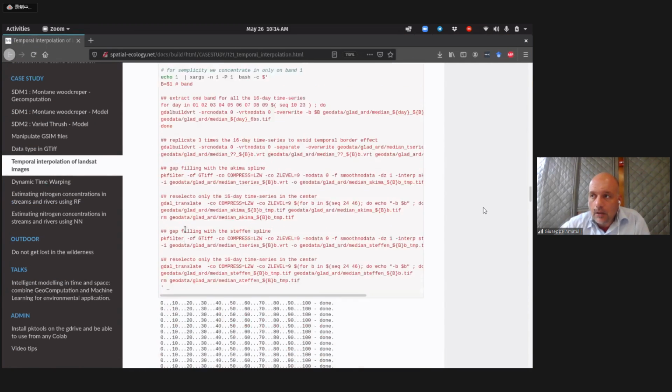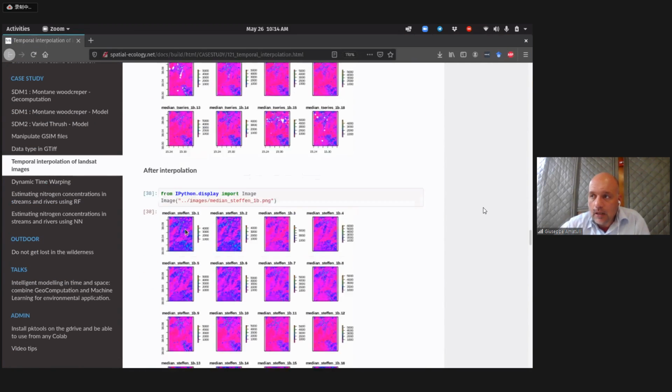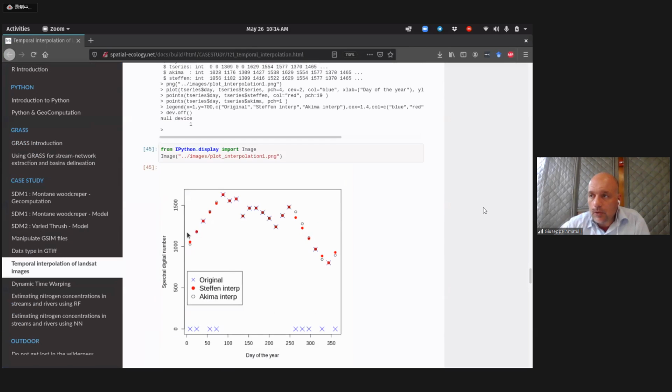In particular, we were using the Savitzky-Golay technique and also Stineman and Akima spline, and Longzhu also covered wavelet transformation for the gap filling. So Longzhu, do you want to say a few words about gap filling and missing data?